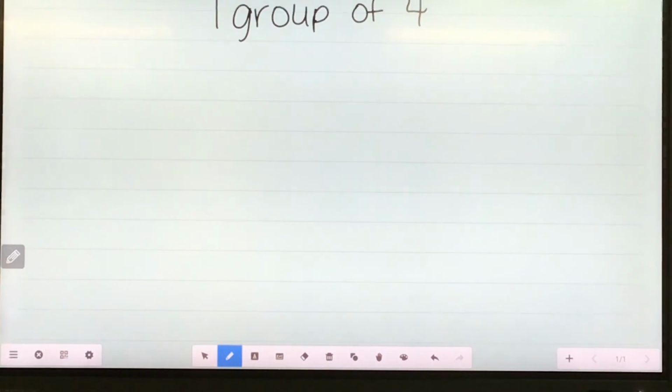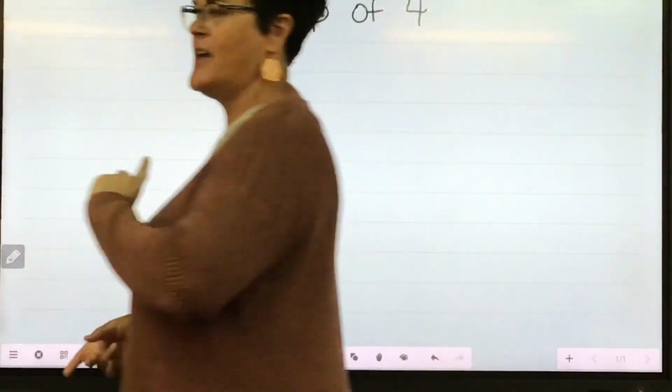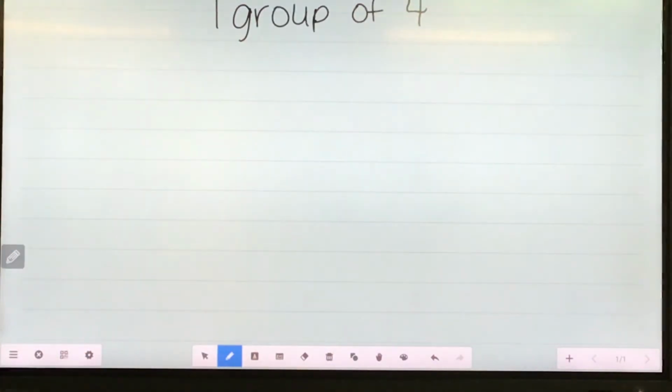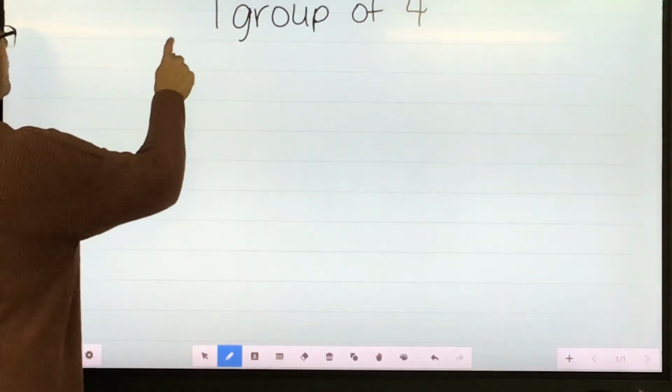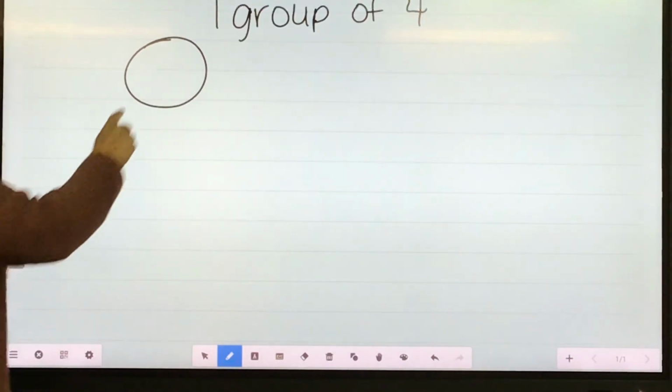Think about how we did that last one, the one group of 10. No, because this is saying 4 groups of 1. So here you have one group of how many? 4.